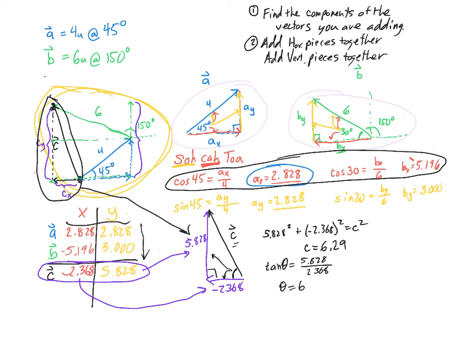Theta equals 67.9. And so the final answer will be 6.29 at, and I know you really want to say at 67.9, but that's not quite right, because remember the angle always has to be with respect to 0 here. So it's going to be 180 minus that 67.9.